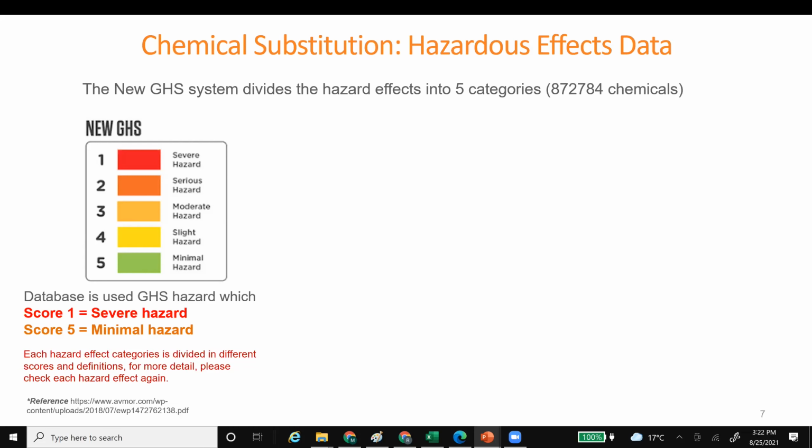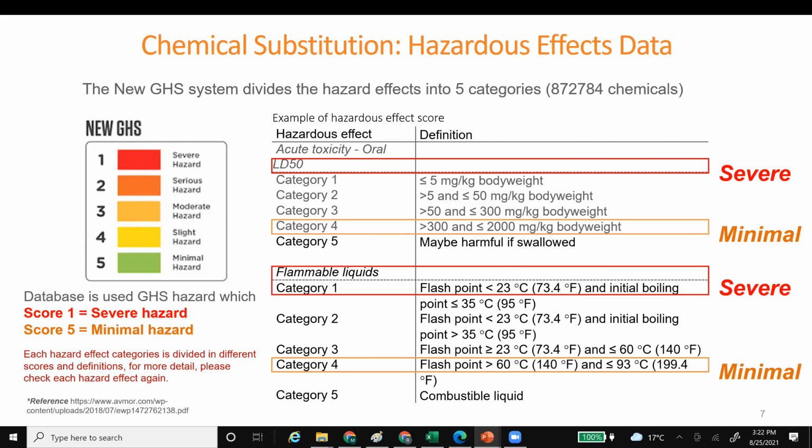So here are some examples that in each of those subclasses of hazardous effect, there are categories 1 to 5, and then given in terms of what would be the amount that should be controlled. So these numbers are there.